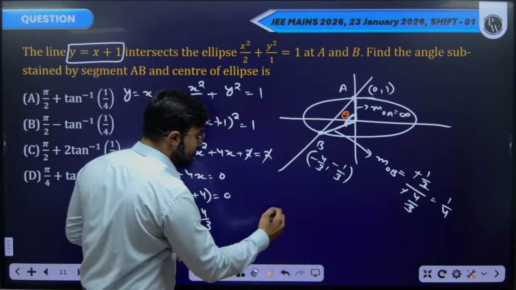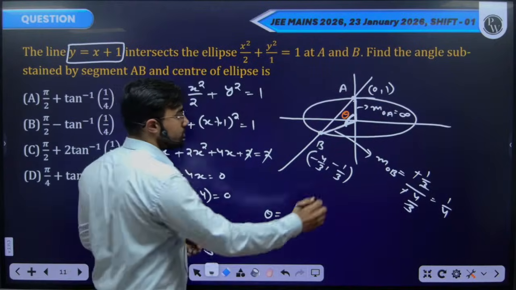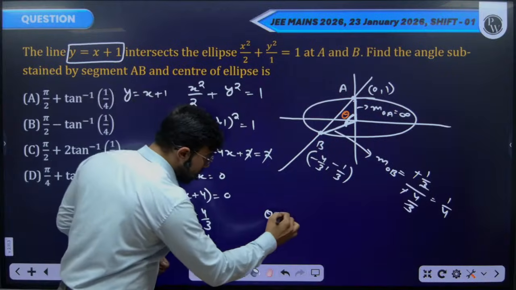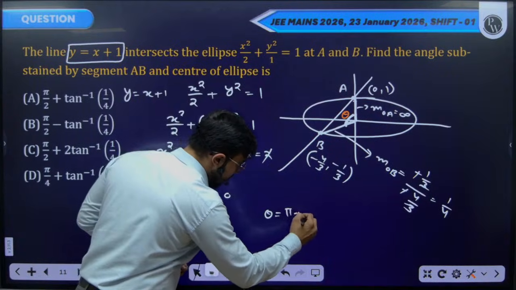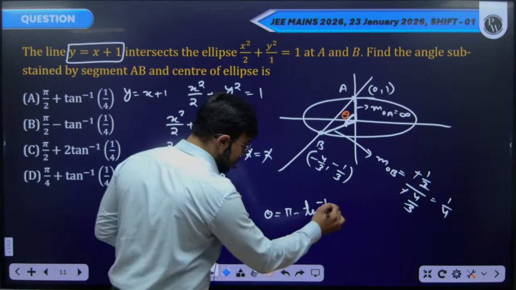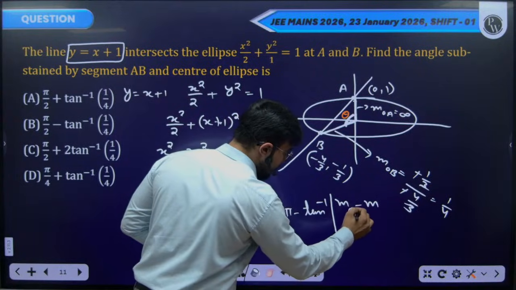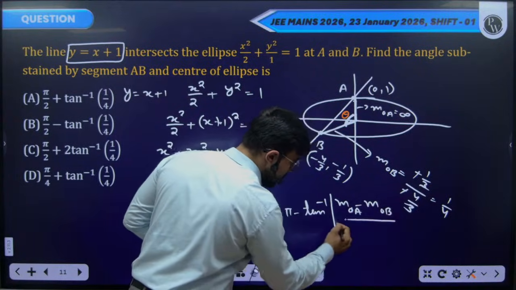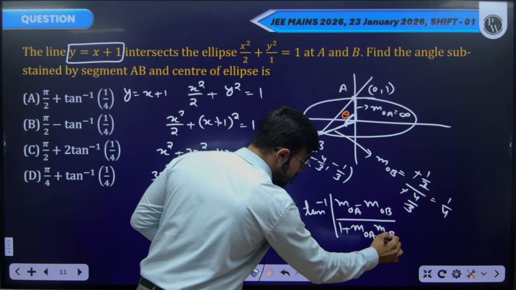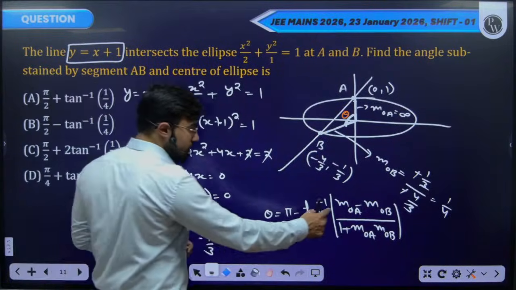Now the angle between these two curves is definitely greater than 90 degrees, right? So you have to take the negative sign. You have to take pi minus tan inverse, mod of m OA minus m OB upon 1 plus m OA m OB. Now m OA is infinity, so divide this by m OA.